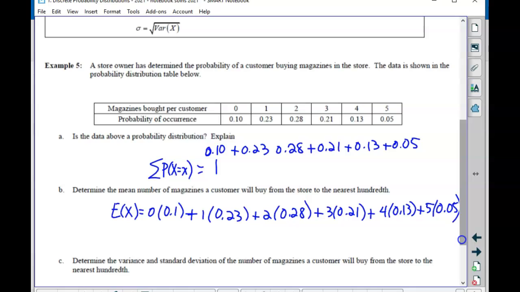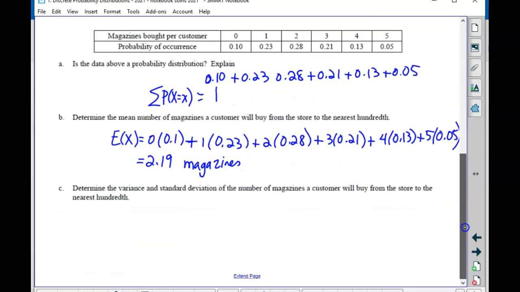Times 0.13 plus 5 times 0.05. Whatever units this is, so this is number of magazines. That's why they have them at the checkout at the store. They hope that you pick them up on the way. Although fewer and fewer people are doing that these days.